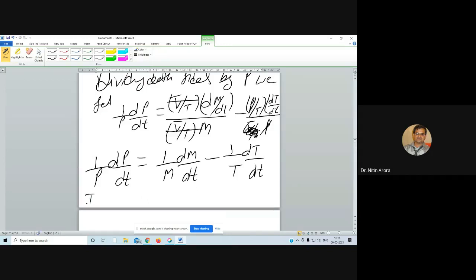So the inflation rate is equal to the rate of growth of money supply minus the rate of growth of output or number of transactions.